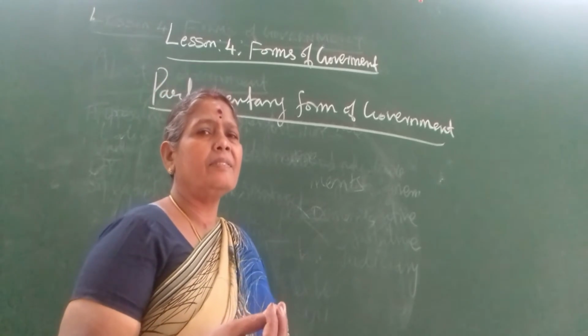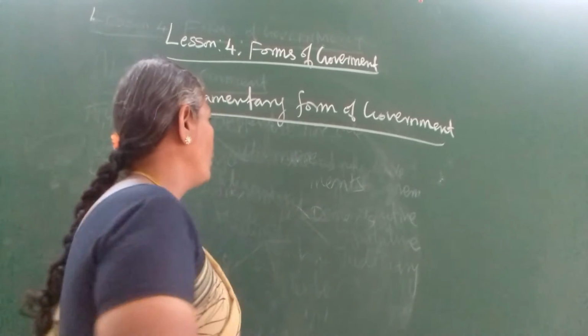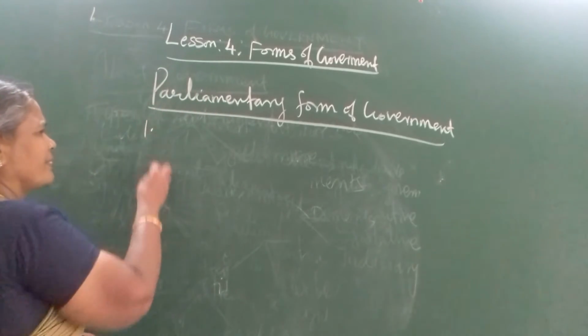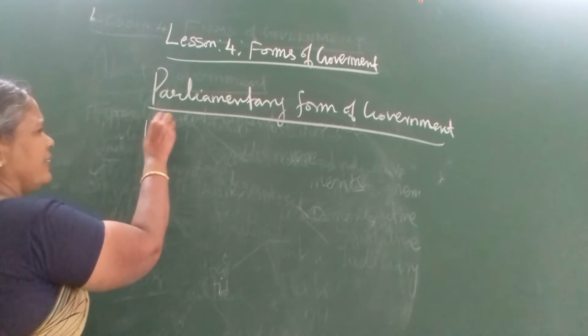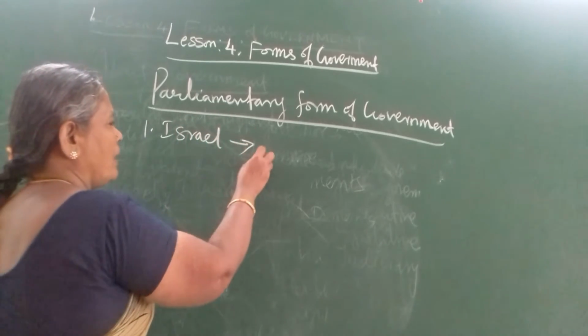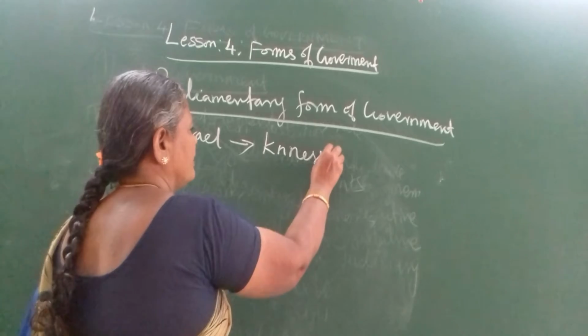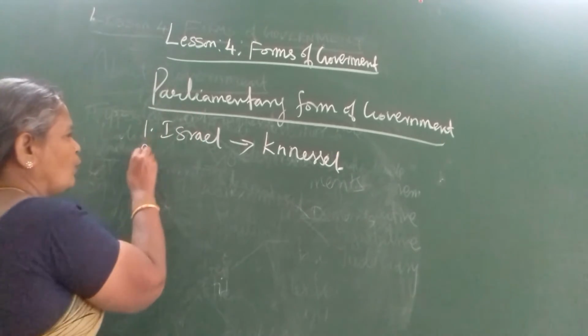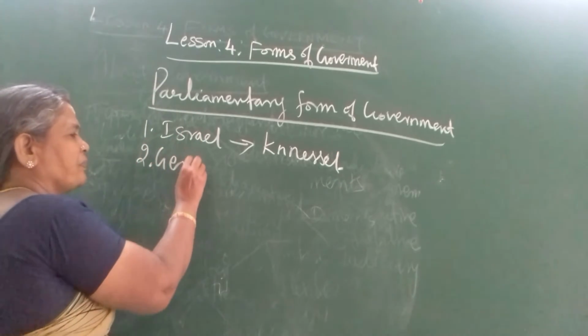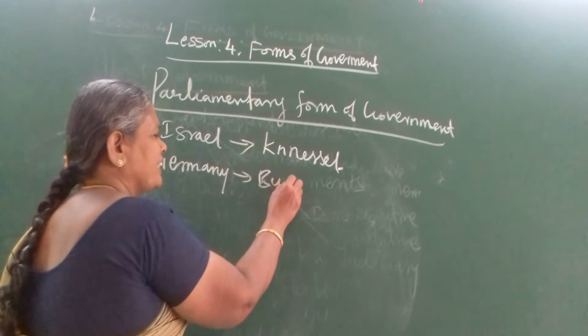Let us see the parliament names in a few countries. First, Israel: the parliament name is Knesset. Second, Germany: the parliament name is Bundestag.